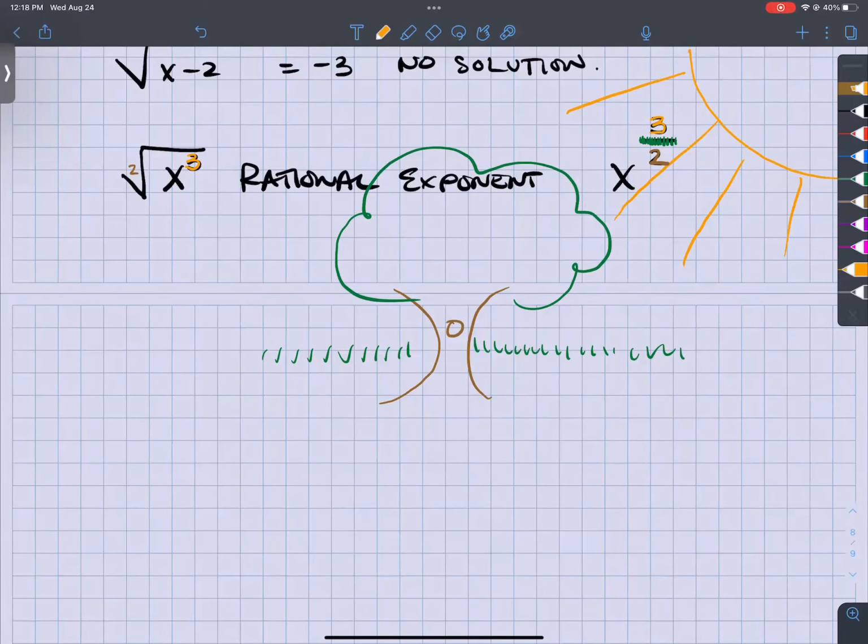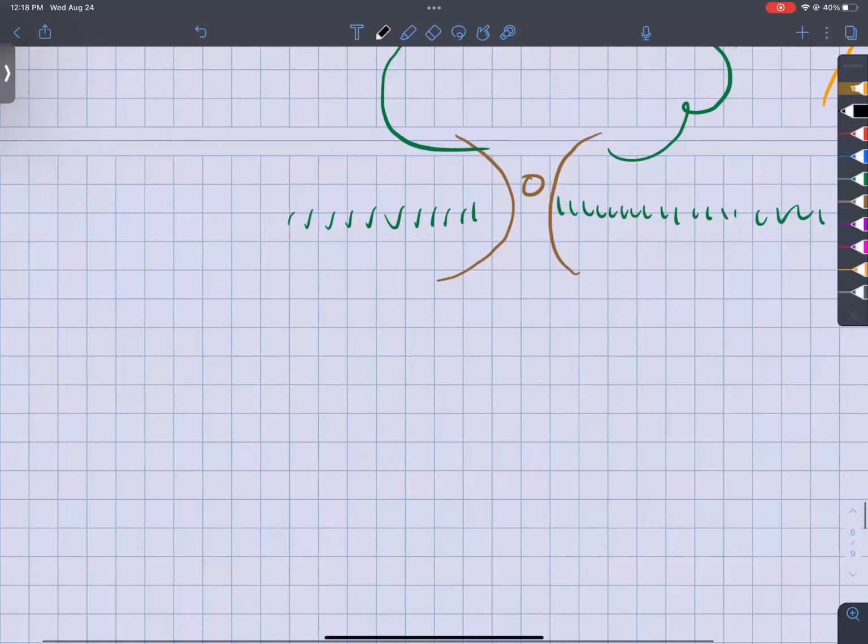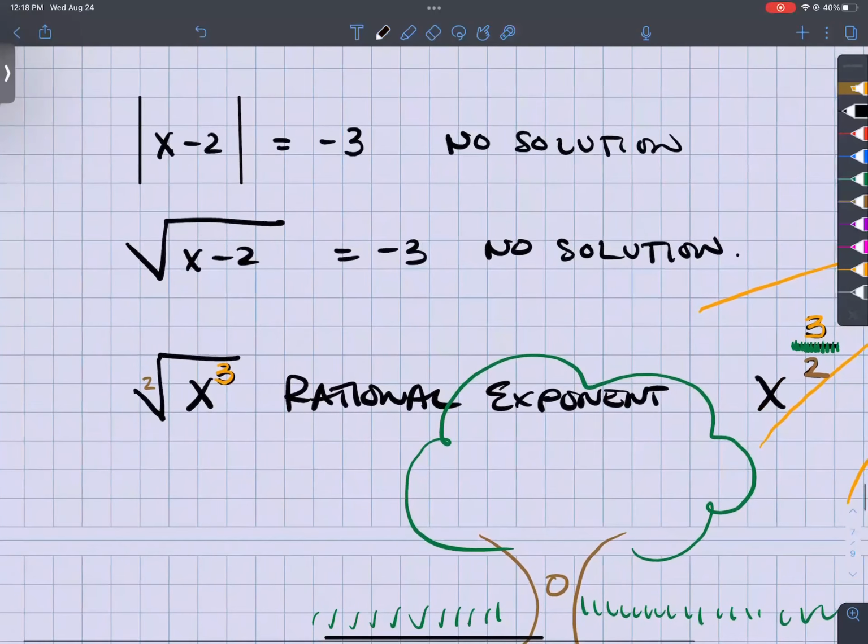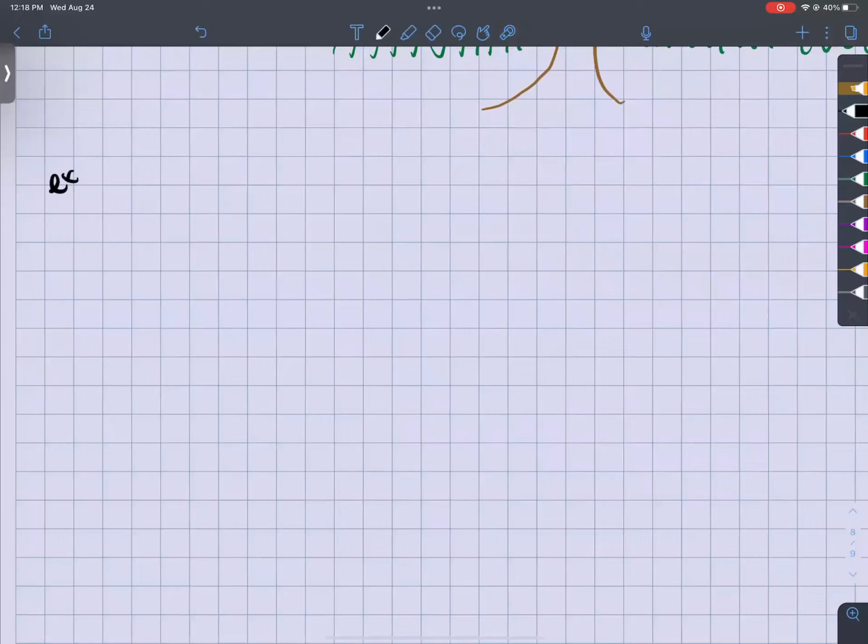However, that's all cute and all. What if we have, you know what, let's make up an equation. Let's say, for example, we have x to the 3/2 plus, gosh, no, that won't work.